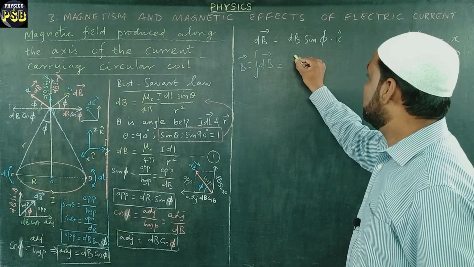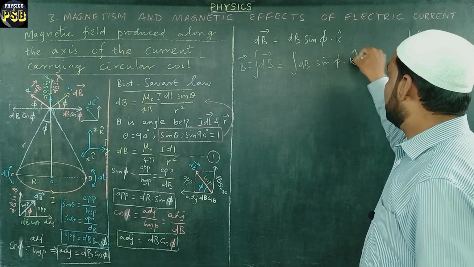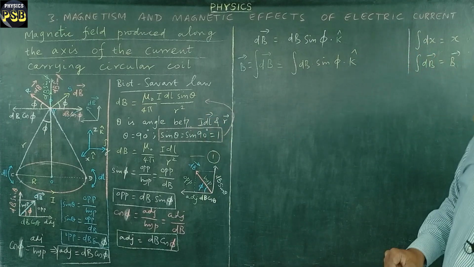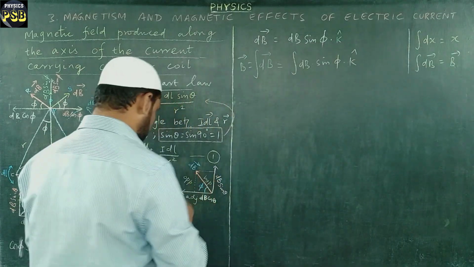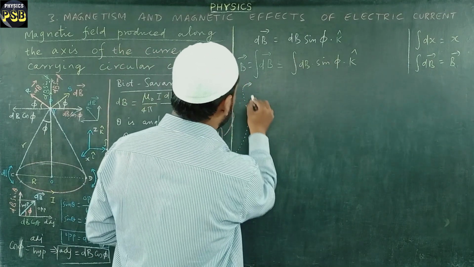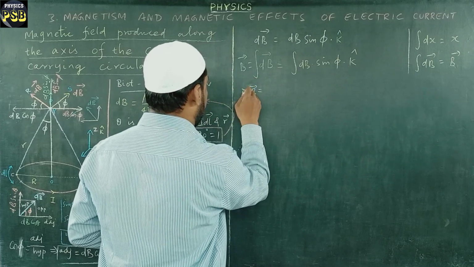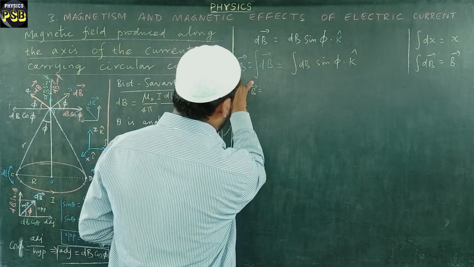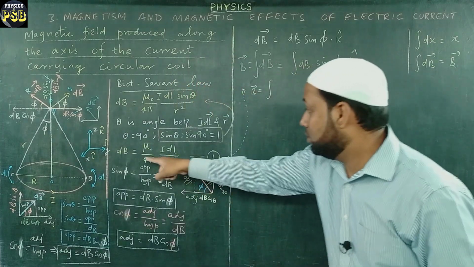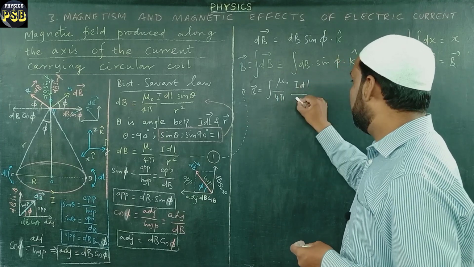dB sin phi k cap. And I know the value of dB is mentioned here in equation number 1. So from here I'll get the B vector to be equal to the integral of mu naught upon 4 pi, I dl by r square.